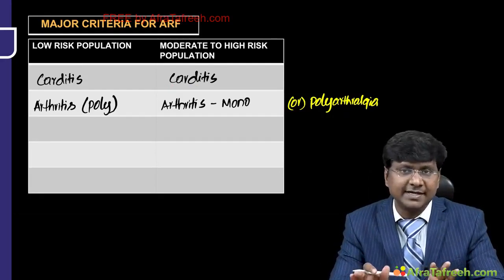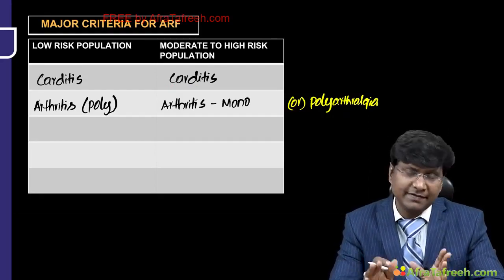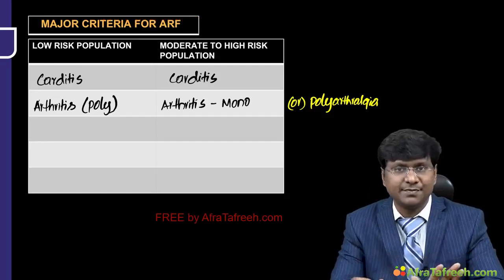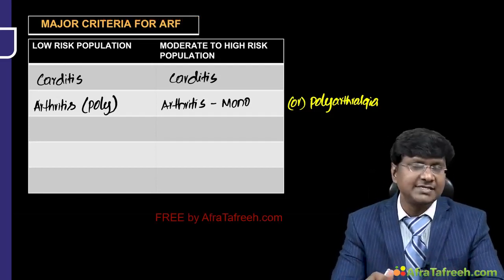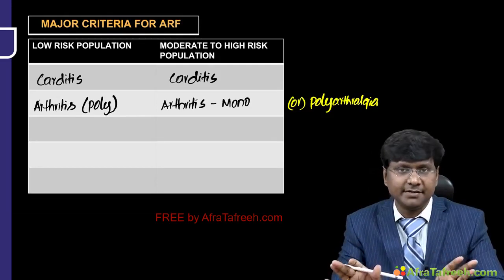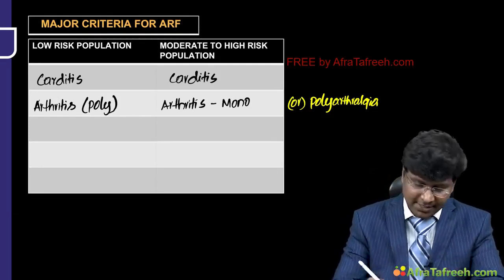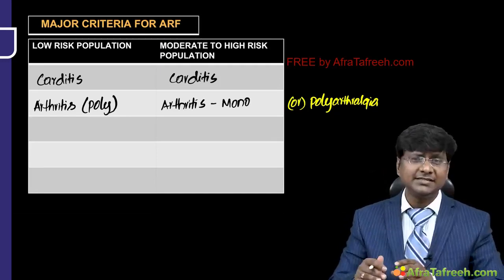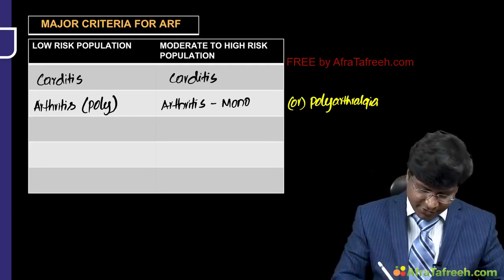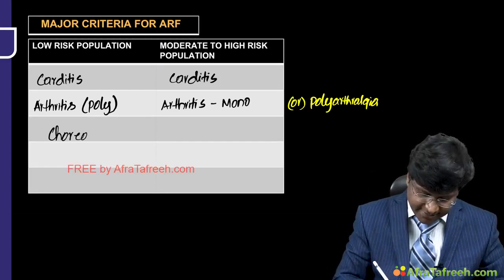Even there can be polyarthritis as well. What I mean to say is, even if monoarthritis is there, we will take it as major criteria. Even if polyarthralgia is there, we will take it as major criteria. Polyarthralgia means you will have only pain. Other signs of inflammation will not be there. Then the other three will be the same for both. Presence of chorea is the same for both.